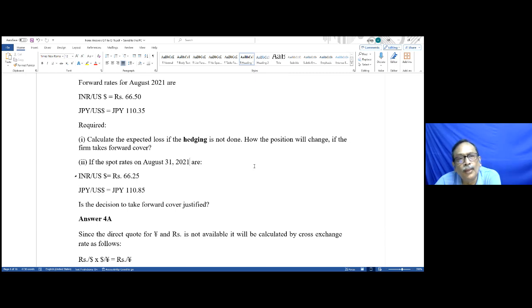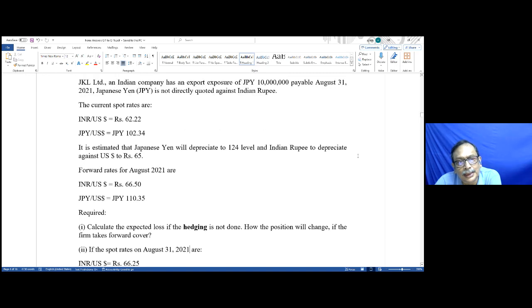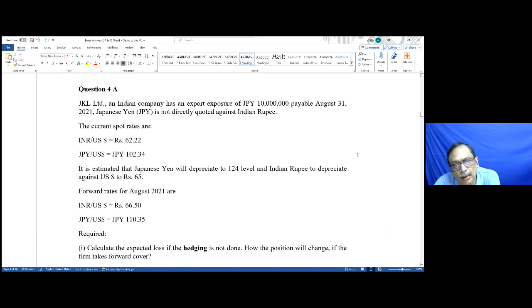Okay, so we are having exchange rates given, spot rates, INR per US dollar and JPY per US dollar. And it is estimated that Japanese yen will depreciate to 124 level and Indian rupee to depreciate against US dollar to rupees 65.